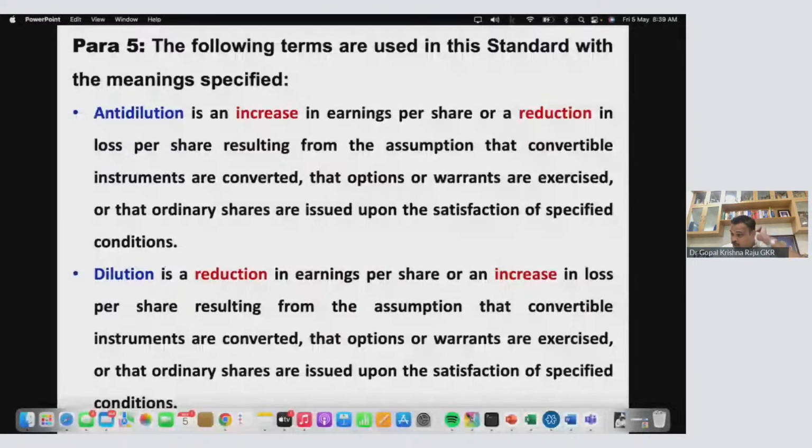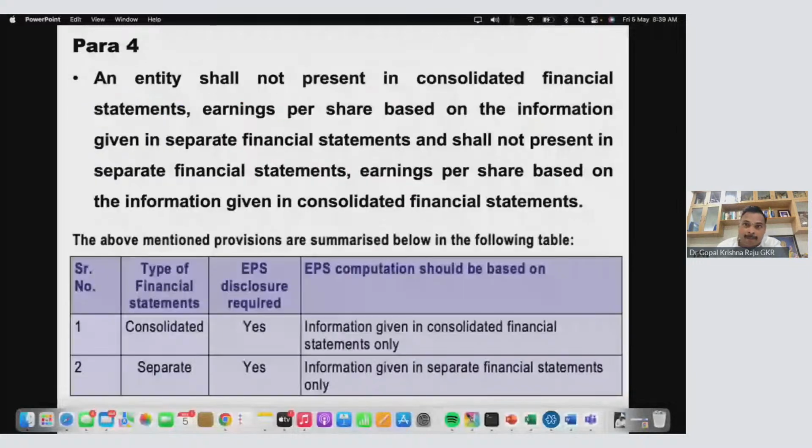Okay, now I just want to share with you with respect to consolidated and standalone, I mean the separate financial statement. Entity shall not present in consolidated financial statement EPS based on the information given in separate financial statements. And shall not present in separate financial statement EPS based on information given in consolidated. Now, what is the meaning of this?